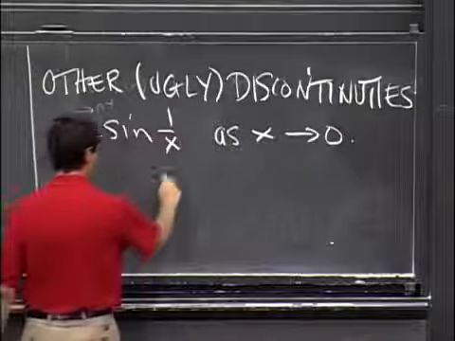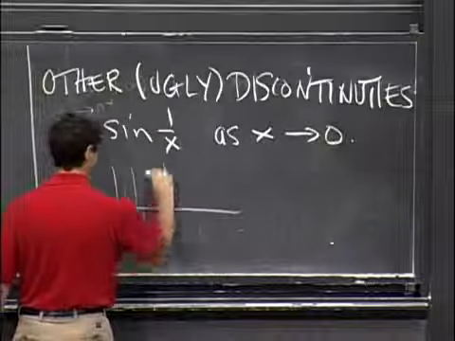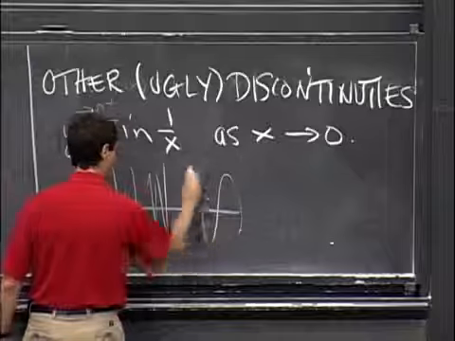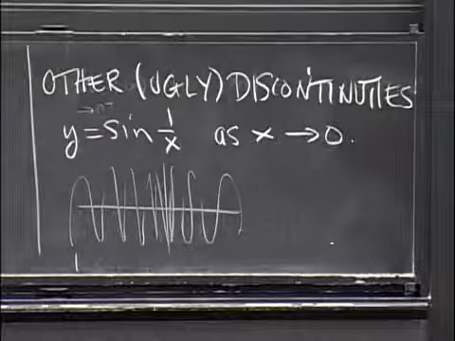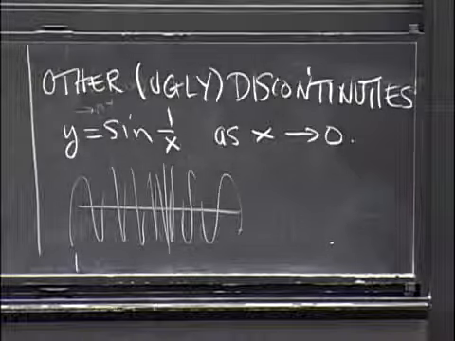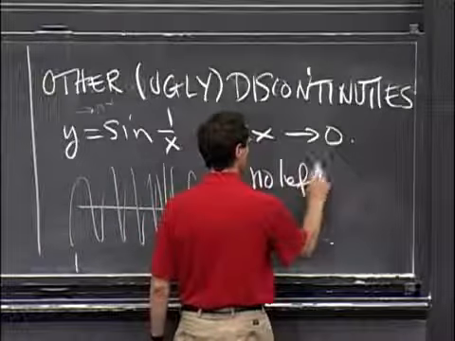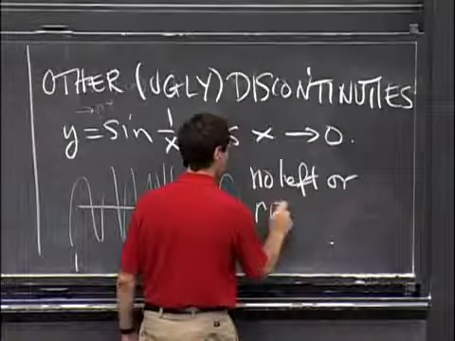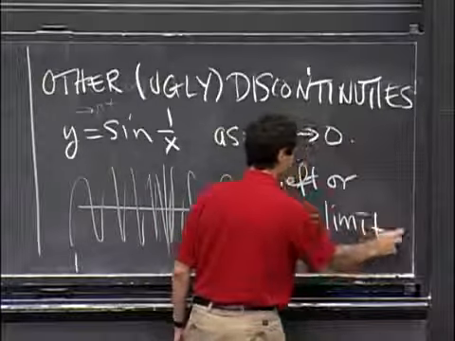And that looks a little bit like this. Back and forth and back and forth. It oscillates infinitely often as we tend to 0. And there's no left or right limit in this case.